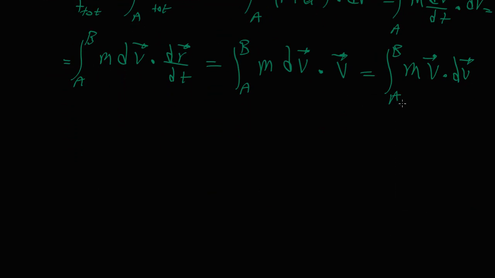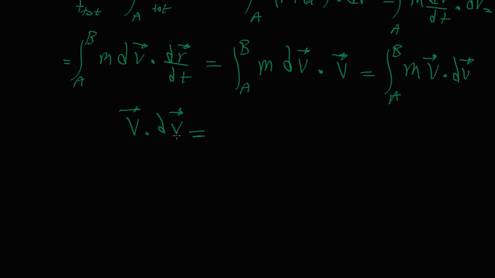So here I write down an equation, and after I'm done with this, I prove that equation. I would say that v dot dv, these are two vector quantities, and their dot product is going to be a scalar.